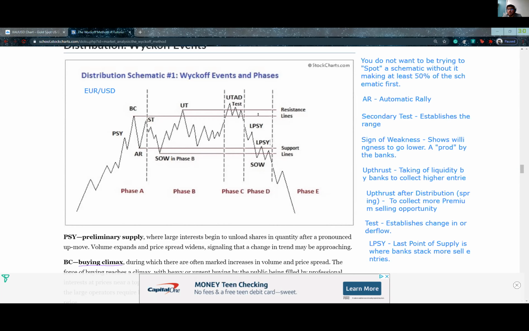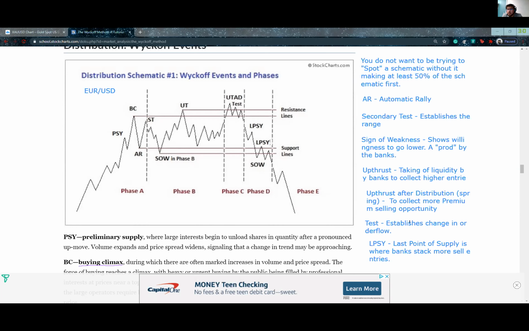It should be waiting for the actual schematic to show its hand, and then from there you're going to hop in on the trade once you've seen the banks make the UTAD, the test, establish bearish order flow, and then come in for that snipe that you need at the very last point.